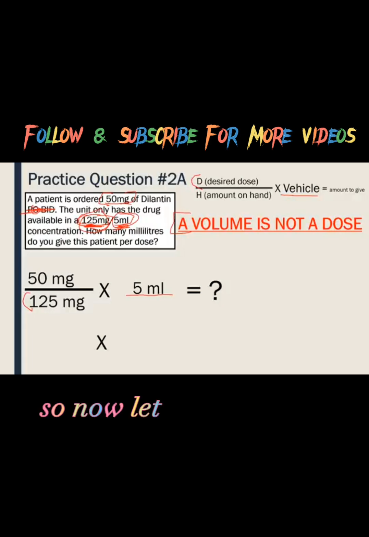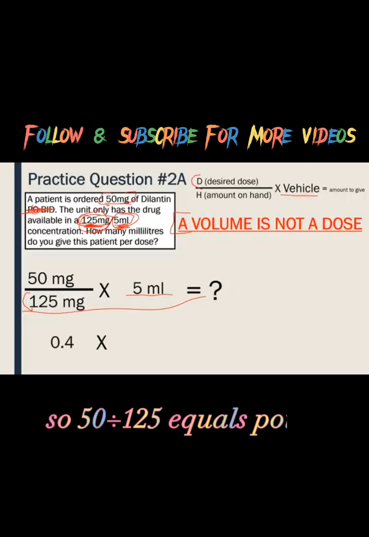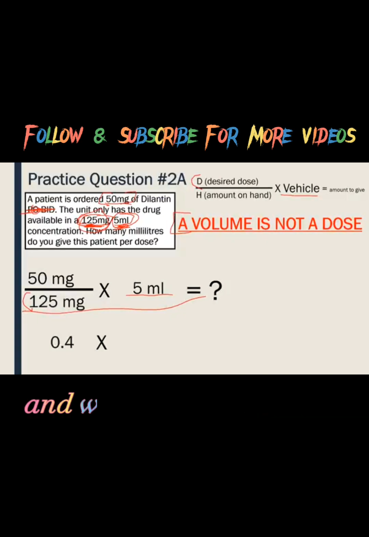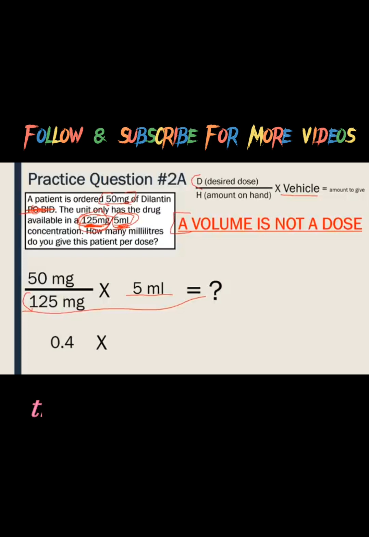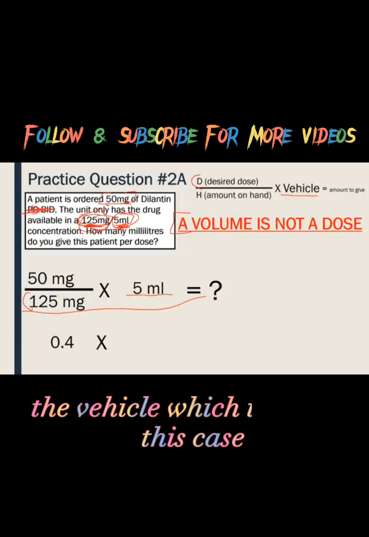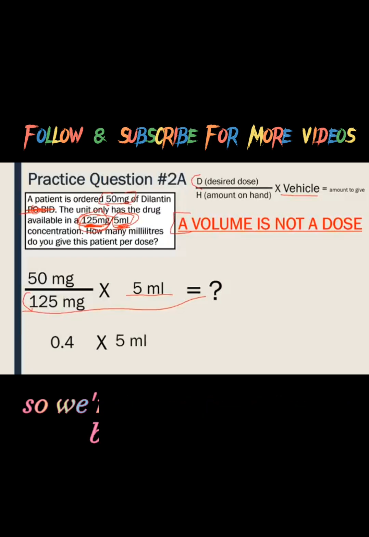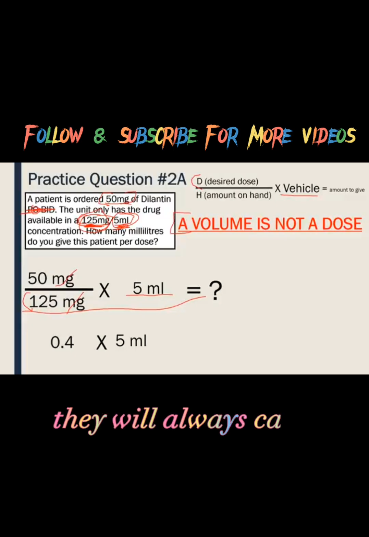So now let's do this math and solve this question. 50 divided by 125 equals 0.4. And we're going to multiply 0.4 by the vehicle, which is 5 milliliters in this case. And again, if you're paying close attention to the math, these units have canceled. They will always cancel.